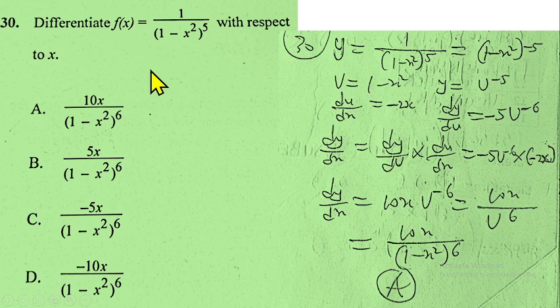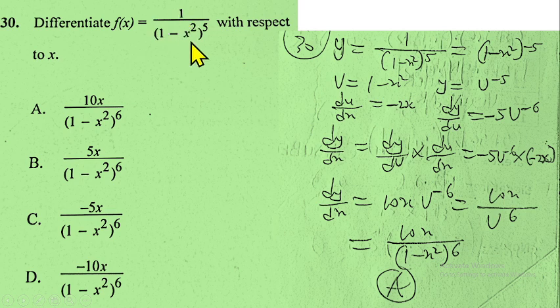Question number 30 is from differentiation. You have to differentiate f of x equals 1 over 1 minus x squared raised to power 5 with respect to x. How do we differentiate this?